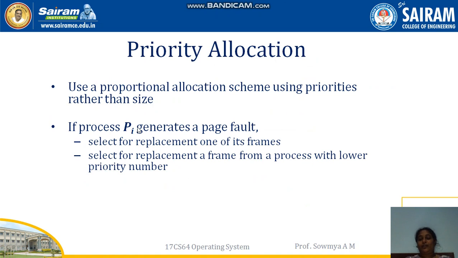So instead of going for equal allocation, here in priority allocation, if we have a process Pi and it generates a page fault, we have two methods.